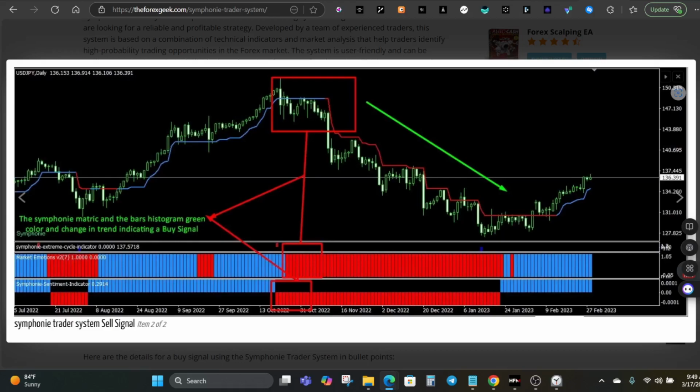The Symphonie Trader System is great for trend trading, but like any tool, it is important to apply proper risk management to avoid unnecessary losses. Do not trade with an amount you cannot afford to lose, and try to use a risk to reward ratio of 1:2.